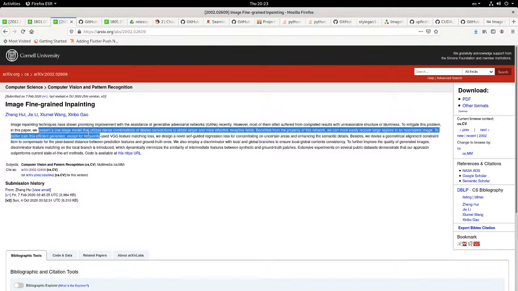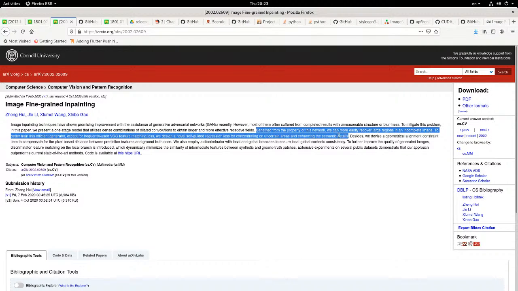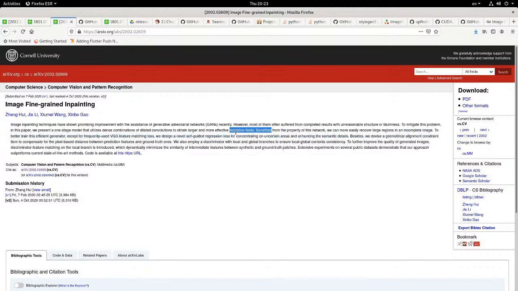A one-stage model utilizes dense combinations of dilated convolutions to obtain larger, more effective receptive fields to recover large ranges in an incomplete image. Except for frequently used VGG feature matching losses, we designed a novel self-guided regression loss, concentrating on uncertain areas and enhancing semantic details.